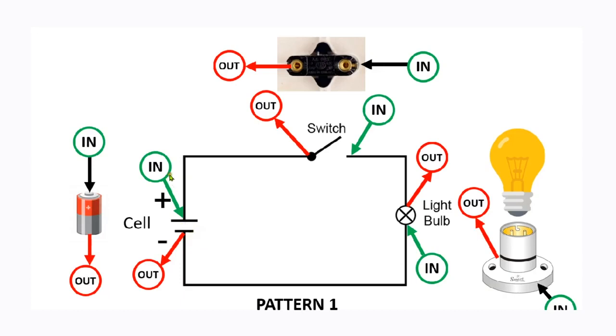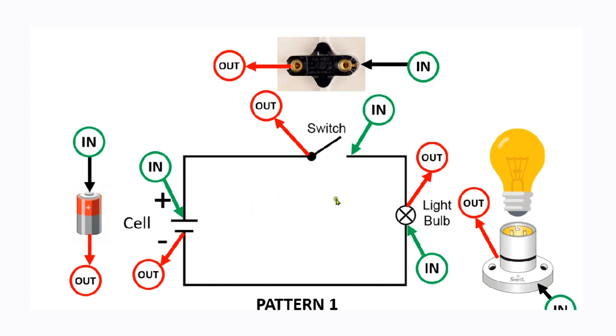Now in my circuit diagram, I've also indicated that. There's one conductor that comes into the cell, one conductor that comes out. Coming into the light bulb, we have a conductor that comes in and a conductor that goes out. And coming into our switch, we have a conductor that comes in and a conductor that goes out.